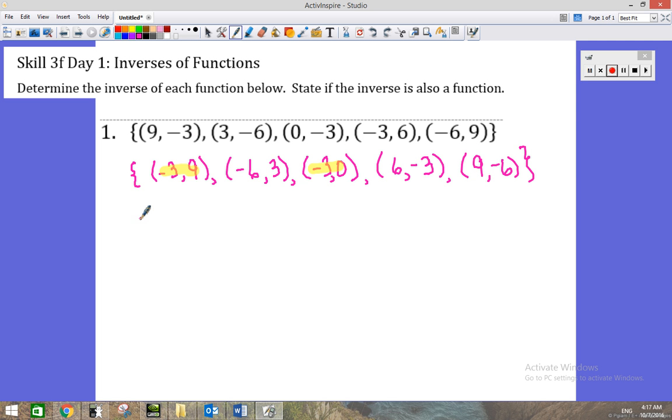So the inverse is not a function. Alright, so that one was pretty easy.